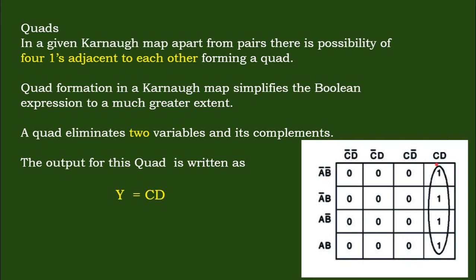What is remaining is CD, because the quad occupies CD in the vertical direction. So the answer for this equation is Y is equal to CD. The quad eliminates two variables. What are the two variables? A and B.